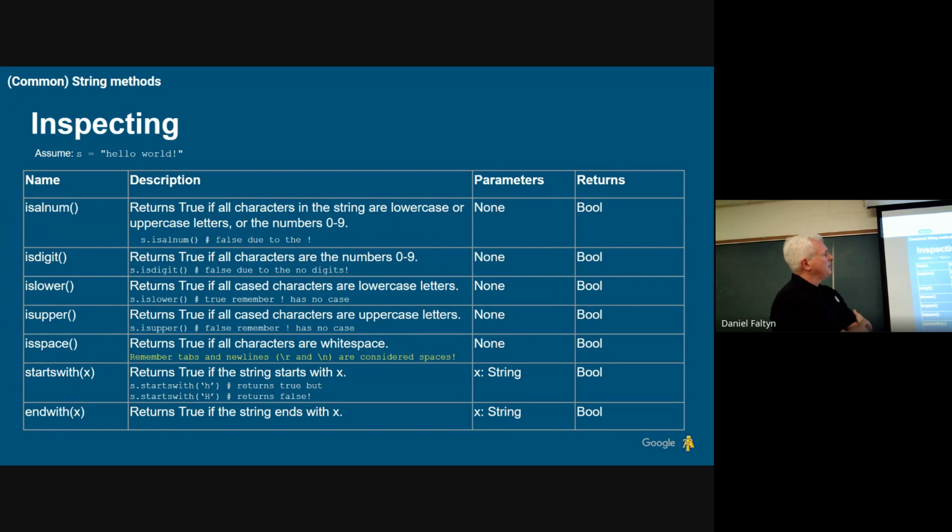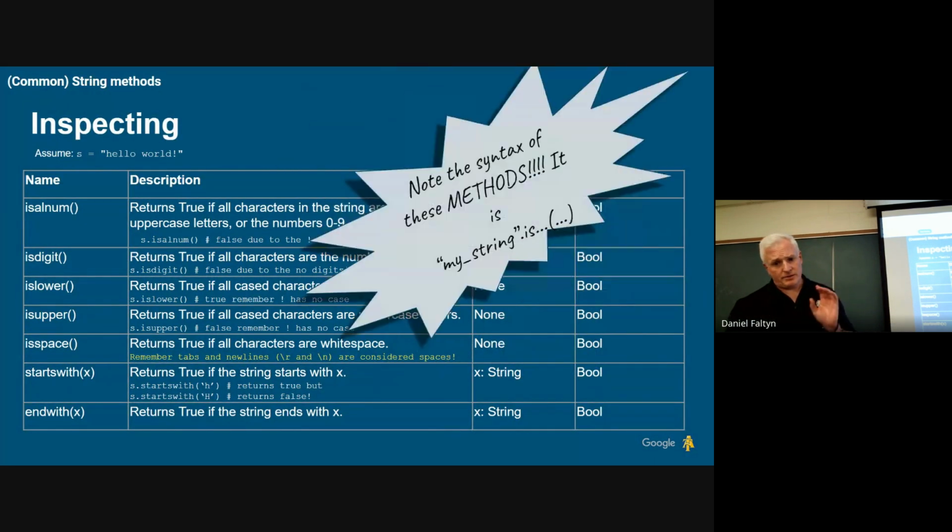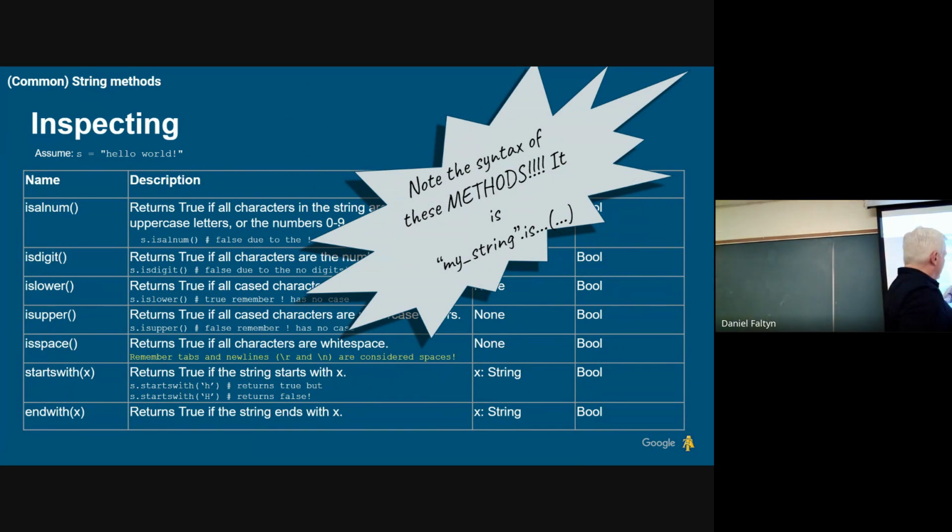Next thing, inspecting. So a lot of times we want to know what is a string. And these are very common methods. And again, just like with those other 2 sections we looked at, these are methods, these are functions that you call on a string itself.